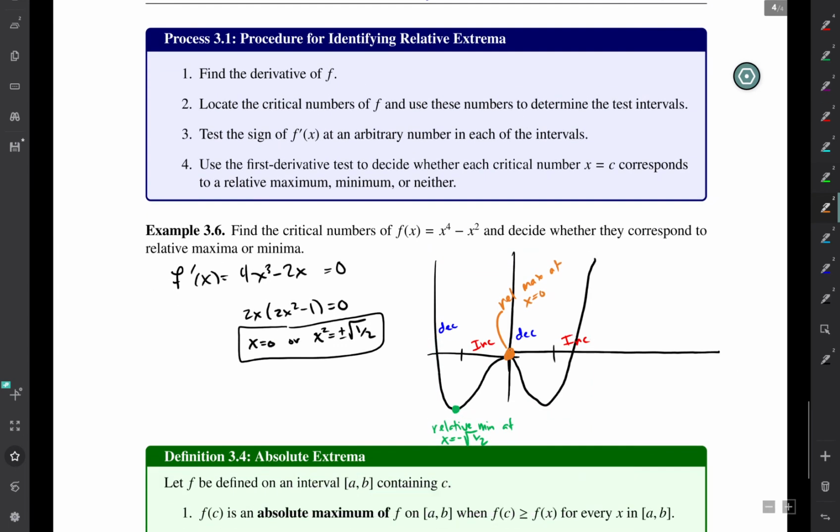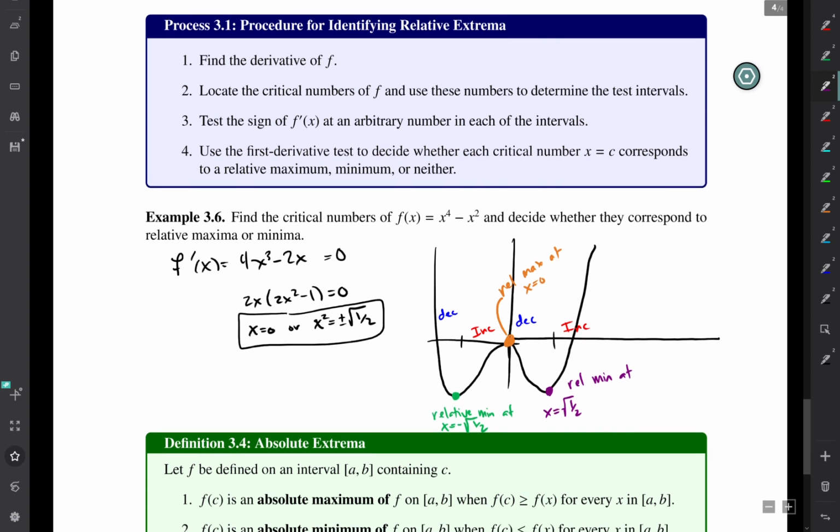And then finally, x equals square root of 1/2 will be a relative min again, and again, it's because it's going from decreasing to increasing there.